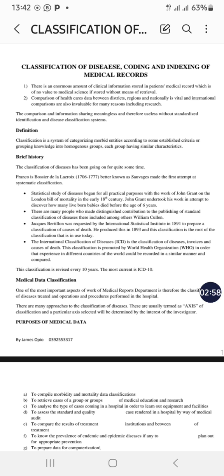So for example, we can decide to say, okay, we are going to group our diseases according to the system that the particular disease affects.